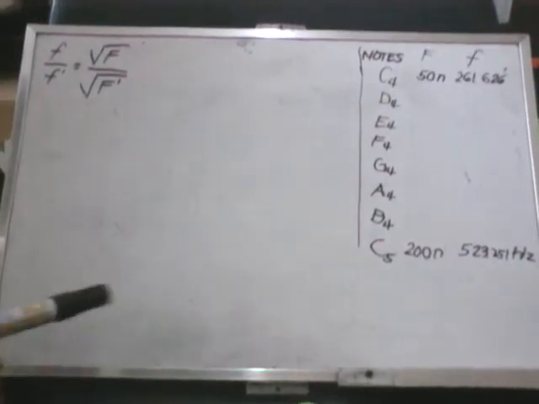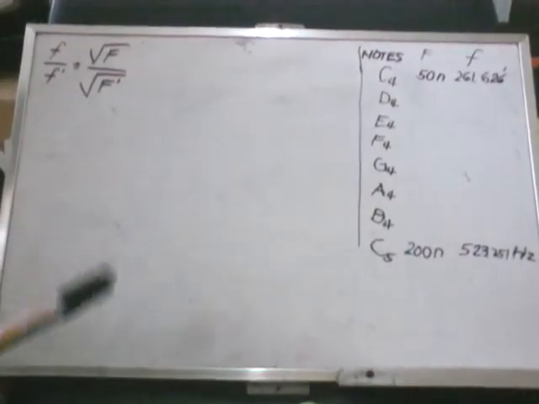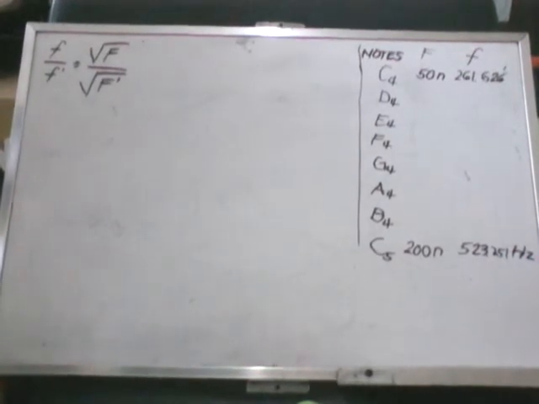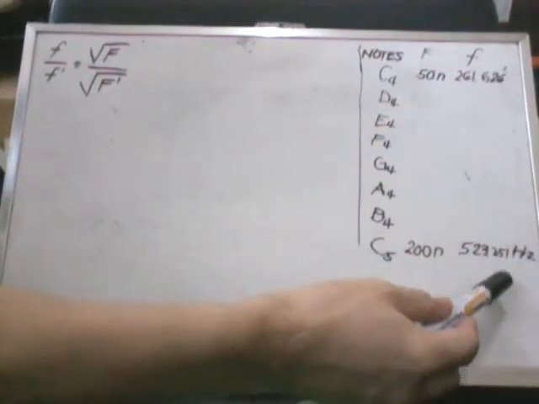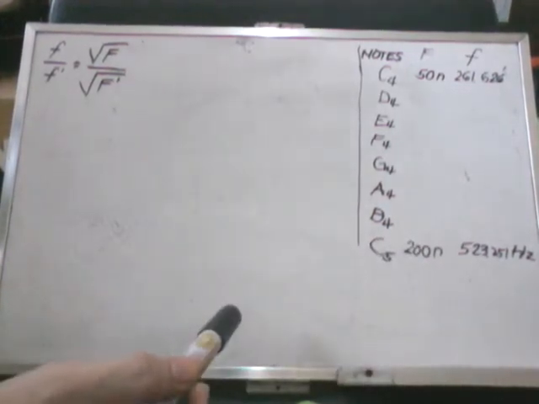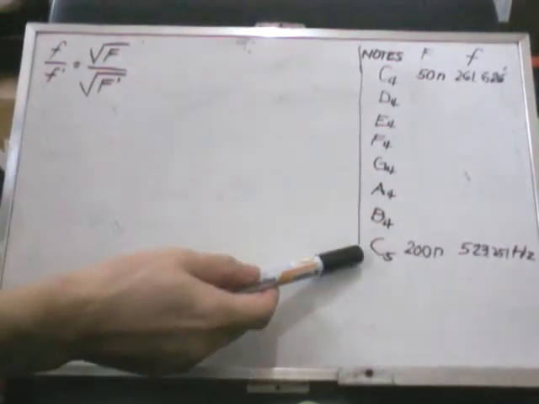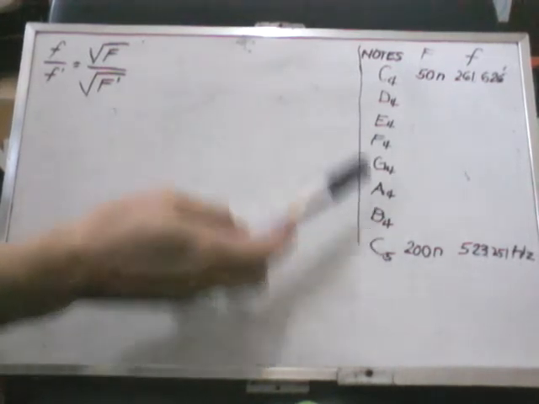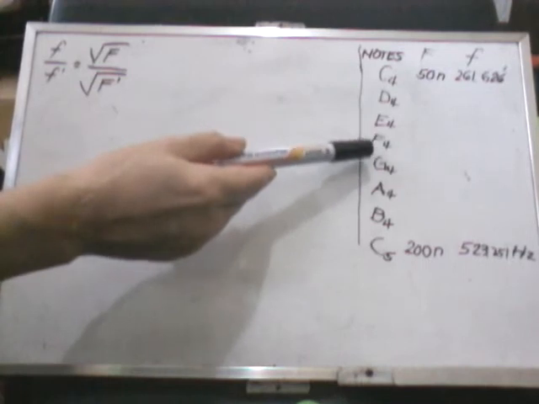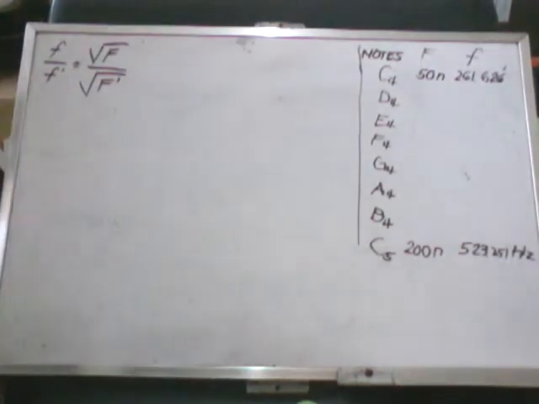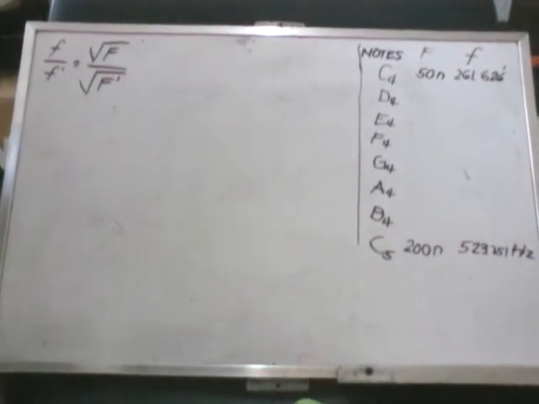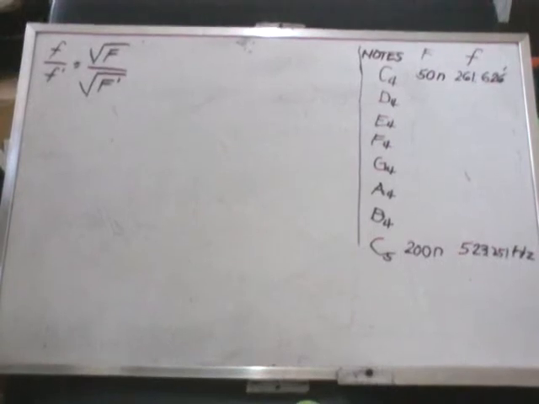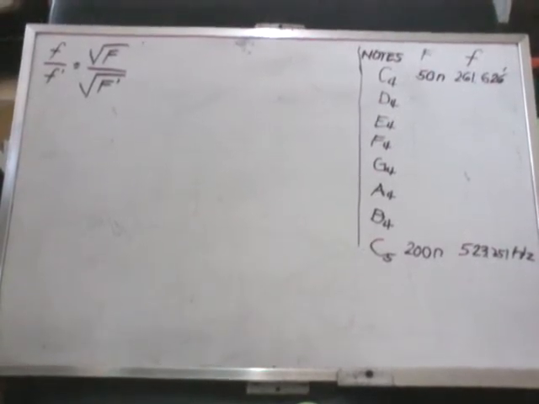I want to direct your attention to this table. Notice that it has only 2 entries for C4 and C5 on their columns. By the way, C4 to C5 is 1 octave. This is Do, Re, Mi, Fa, Sol, La, Ti, Do. Do you think the data would suffice to find the applied force and frequencies of the other remaining notes?